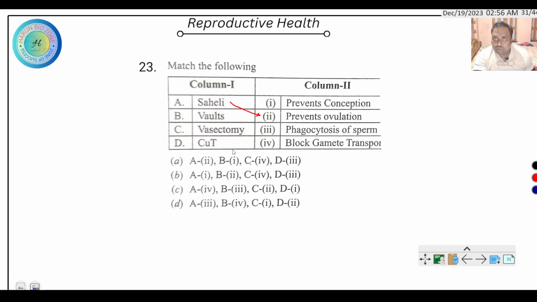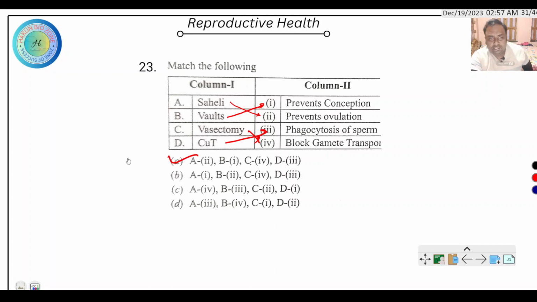It stimulates cervical mucus formation. It thins the uterine wall. Vaults prevent conception. Vasectomy blocks gamete transfer. Copper T causes phagocytosis of sperm. Here A is the right option.